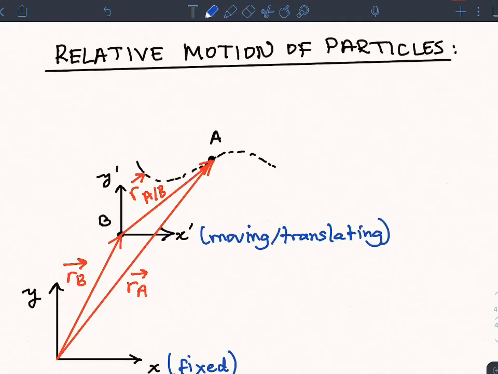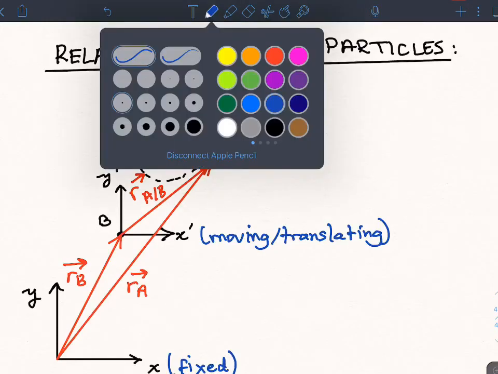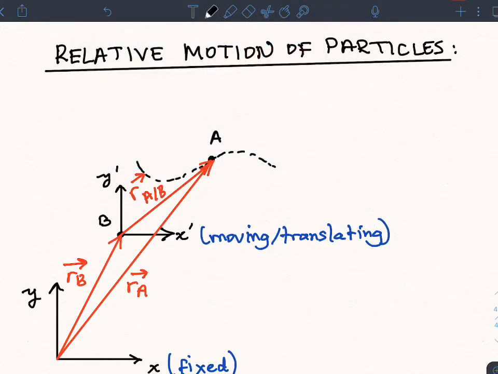And based on this triangle as a vector, we can simply write RA, the position of A can be written as RB plus RA with respect to B.